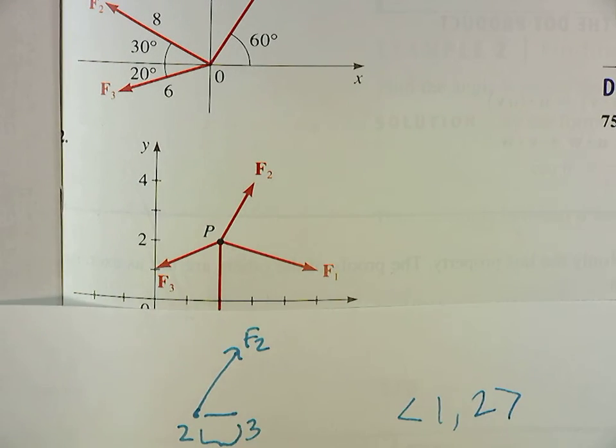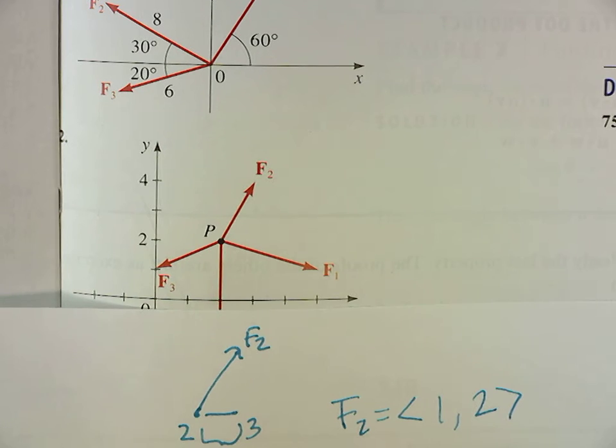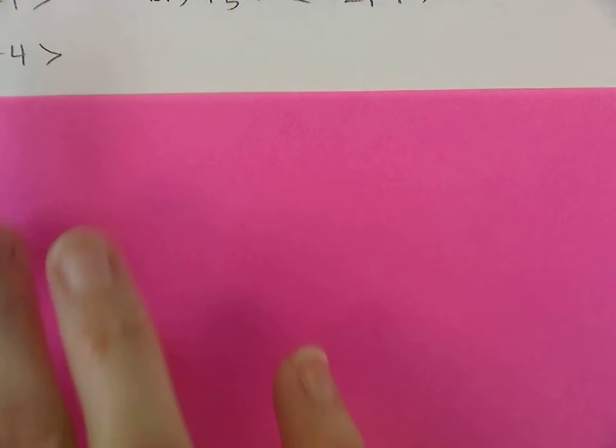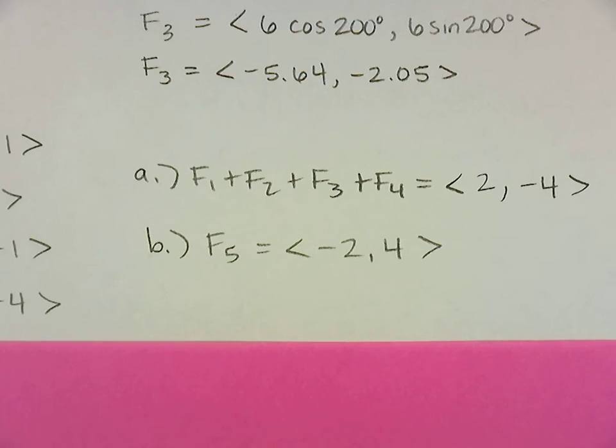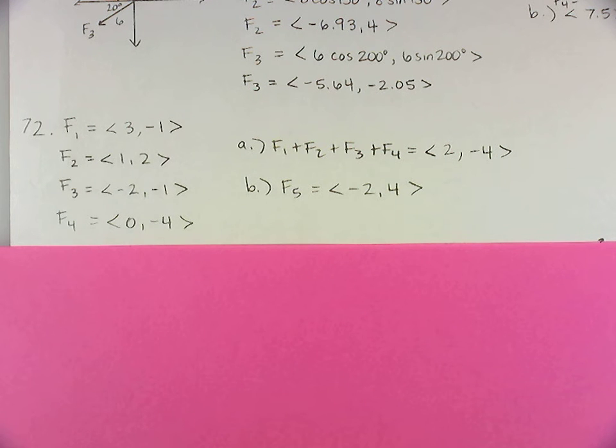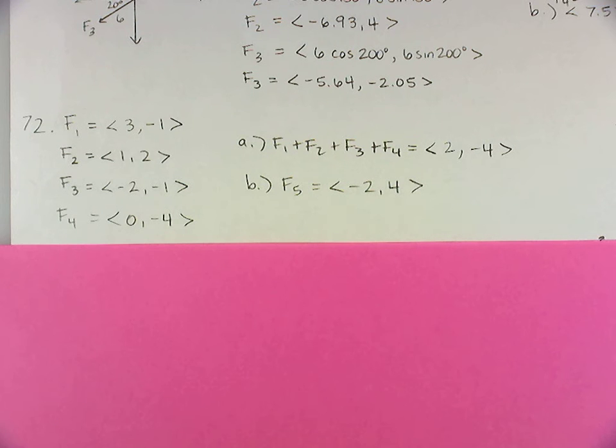Okay, so 1, 2 would be my force 2. Okay, and then you could do that for all of them. So really, you're just naming the vector from the grid based on its coordinates. Okay, so then these would be all of your vectors, so then you could just add them together, and you get 2, negative 4. And then the opposing force you would need for equilibrium is negative 2, 4. Okay, so these are all the vectors that you can get from the coordinates.